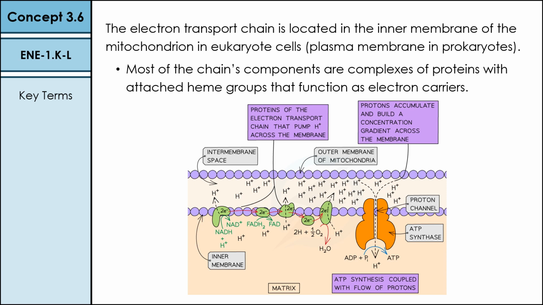And so most of the components of this electron transport chain are going to be complexes of proteins with attached heme groups that function as electron carriers. So we're essentially going to drop our electrons off and they will flow through the different proteins and use that motive force to create a hydrogen ion gradient.